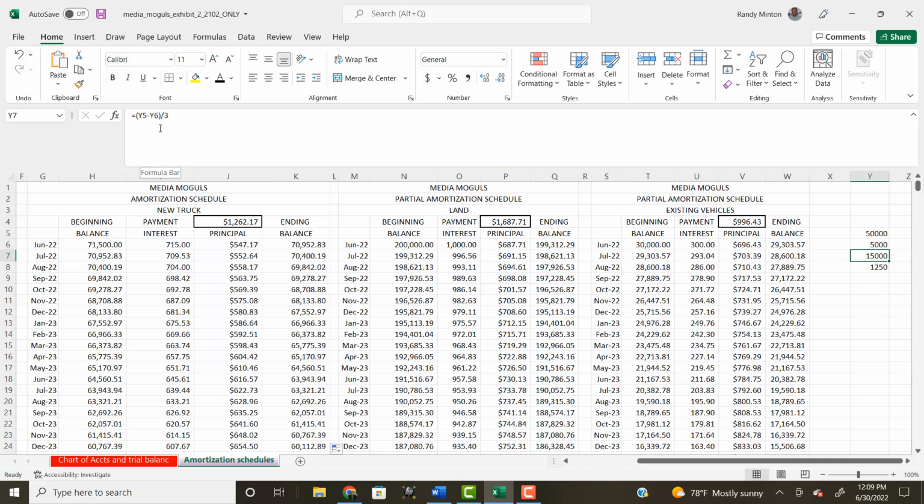So I'd have to have that done first, divided by 3. That gives me 15,000. Now if I then divide this number by 12, that gives me my monthly depreciation, and we're only doing the month.